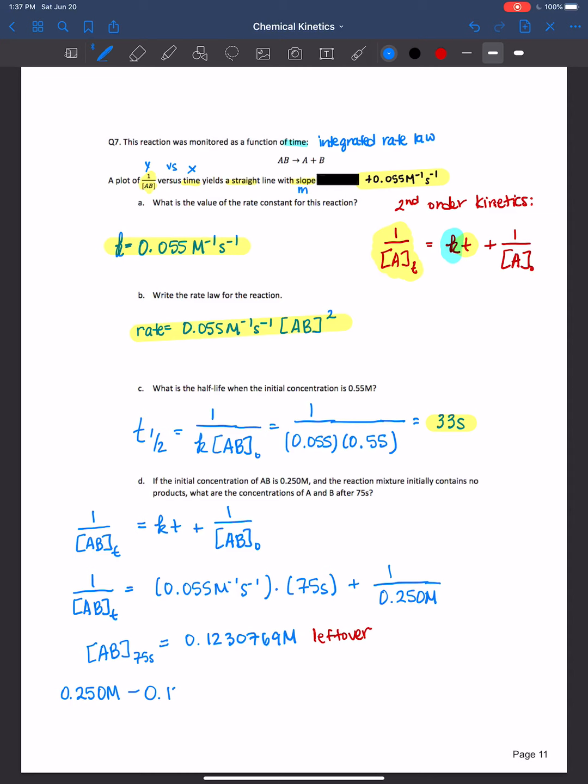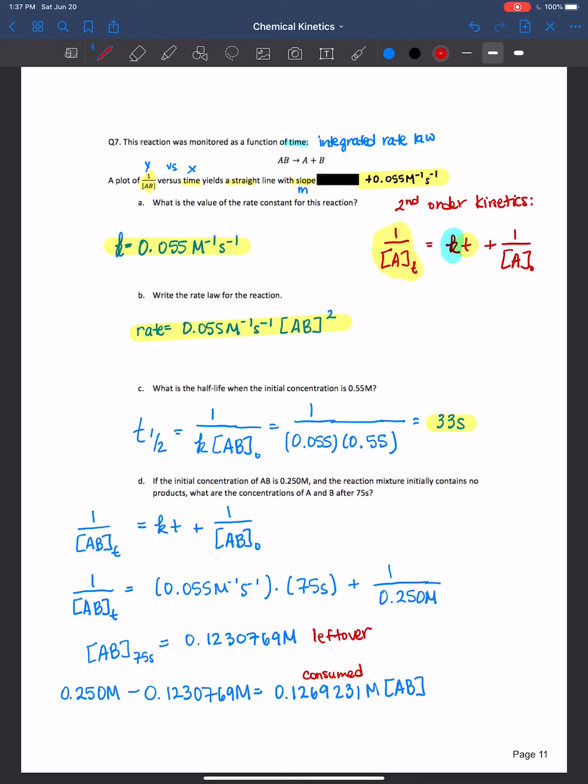However, 0.123, remember I like to keep lots of sig figs so I don't have rounding error, that's what was left over. So 0.1269231 molar of my reactant is consumed.